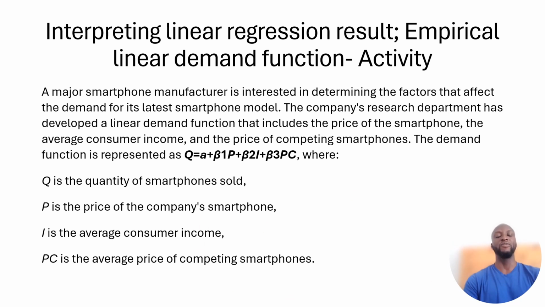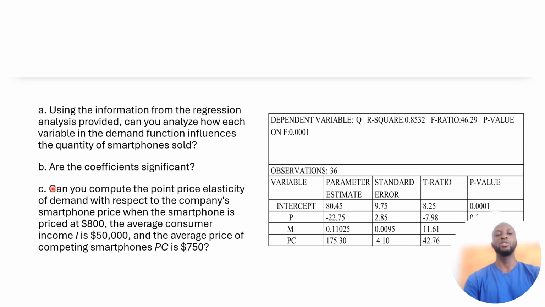Now, moving on, you can always use your notes. I want you to have your notes by your side when you're watching the video so you can follow through. Okay, so moving on. This is what you're asked to do. This is the results section. Using the information from the regression analysis provided, can you analyze how each variable in the demand function influences the quantity of smartphones sold? B, are the coefficients significant?